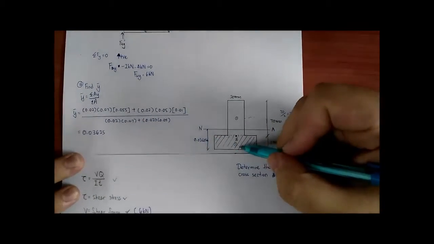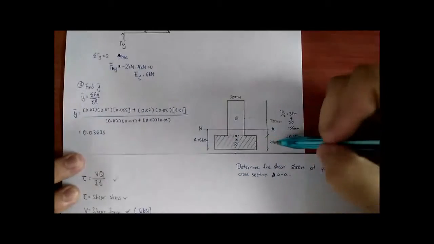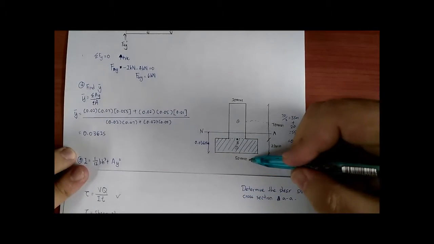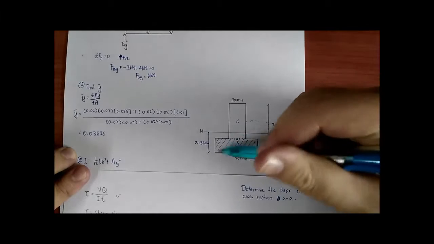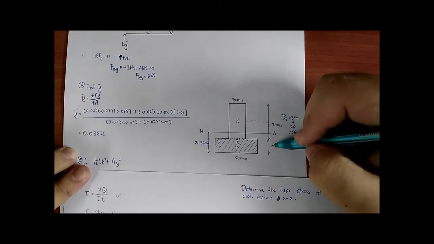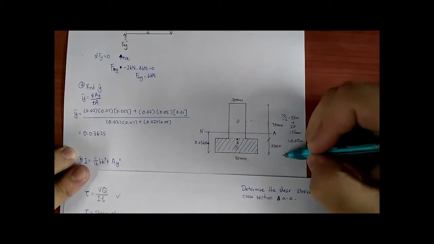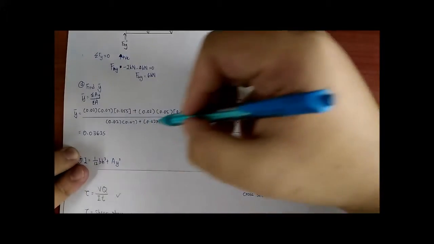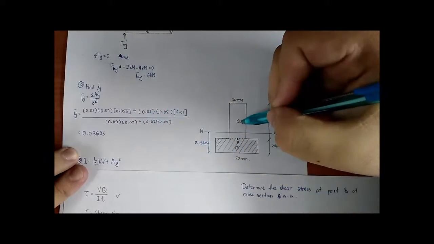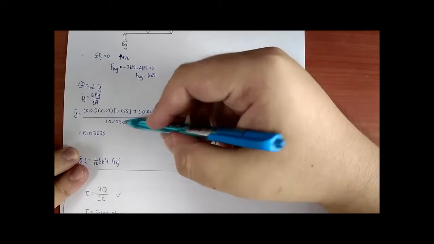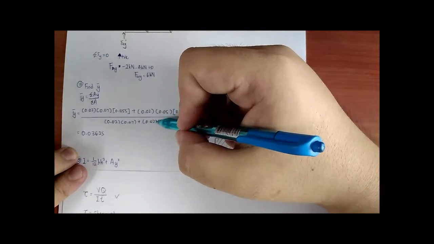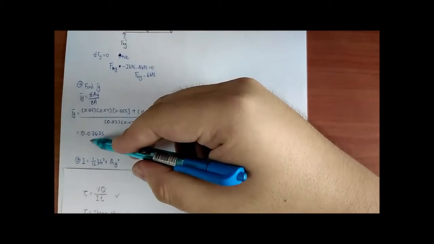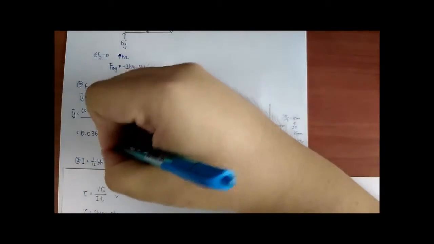for area 2: 0.02, 20 millimeter, 0.05, 50 millimeter, and the centroid of this rectangle, which is 20 divided by 2 is 10 millimeter, which is also 0.01 meter, divided by the total area of area 1 and area 2, 0.02 multiplied by 0.07 plus 0.02 multiplied by 0.05, which is 0.03625 meter.